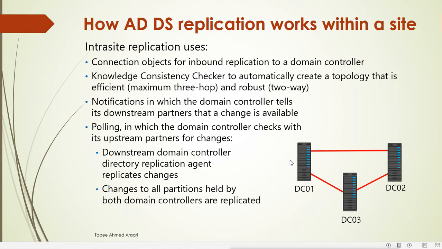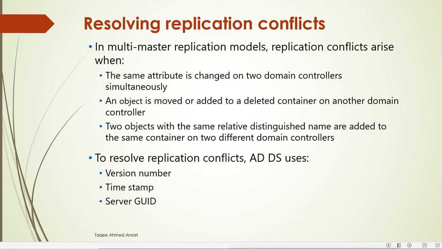It is not push. The downstream domain controller's directory replication agent replicates the changes, and changes to all partitions held by both domain controllers are replicated. So whatever changes you have in DC1 are going to be replicated. Whatever changes you have in DC2 are also going to be replicated.